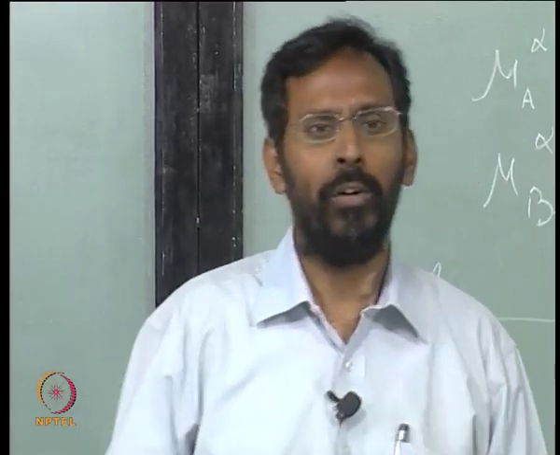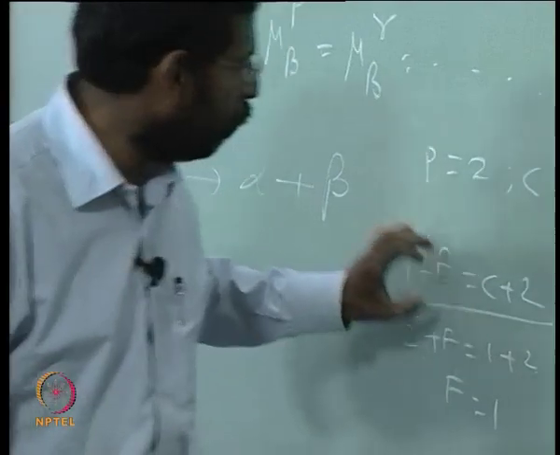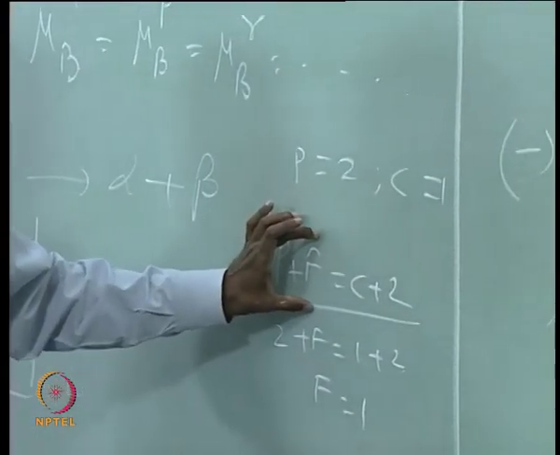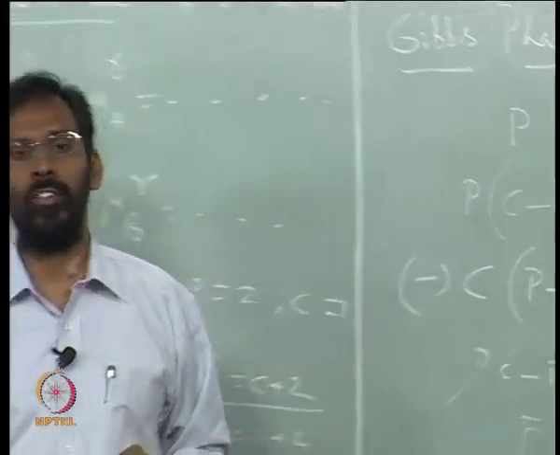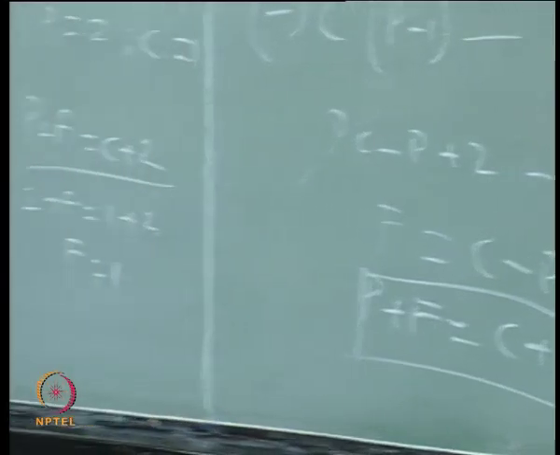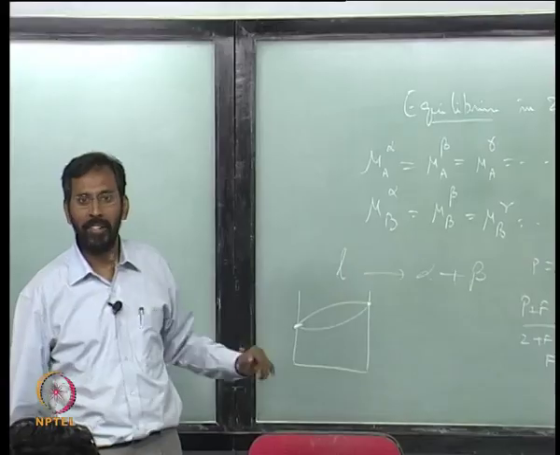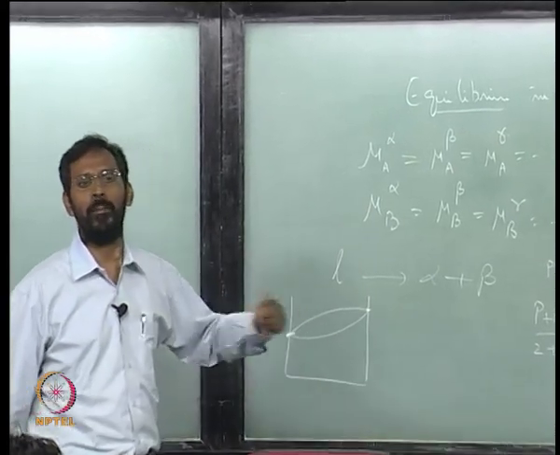All the melting and solidification that we come across in our day to day life we do at atmospheric pressure. So as a result, we do not use the generalized phase rule, but we use the condensed phase rule. And once I use the condensed phase rule, because P plus F equals C plus 1, you see that F equals 0 there, and that is the reason why melting and solidification occur at a fixed temperature.